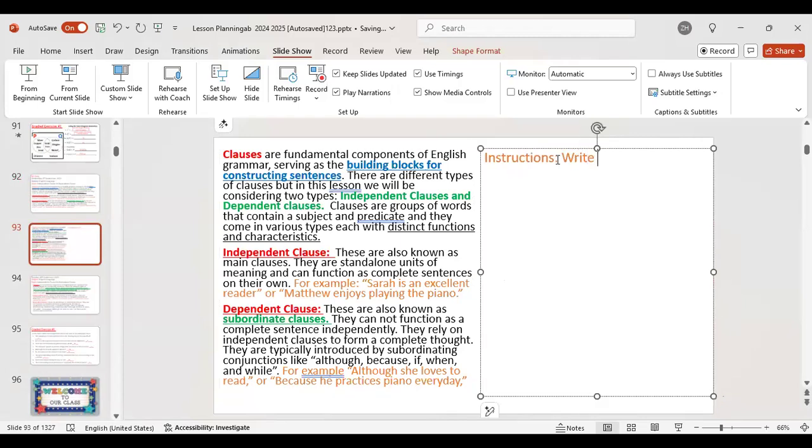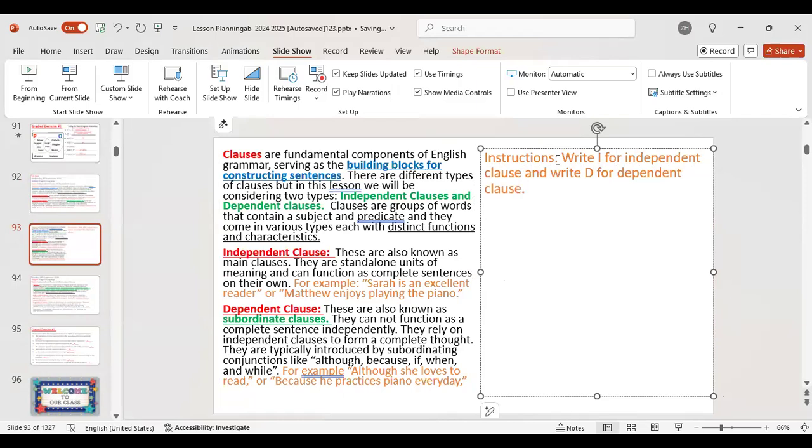Write I for independent clause and write D for dependent clause. Write this down for me, please.